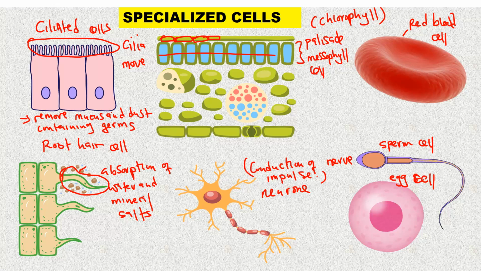Okay. So neurons, what are their adaptations? They have these spikes which are called dendrites. So these just create room for more impulse conduction. Then they have myelin sheath and also the nodes of Ranvier in between that just boost the transmission of impulse.